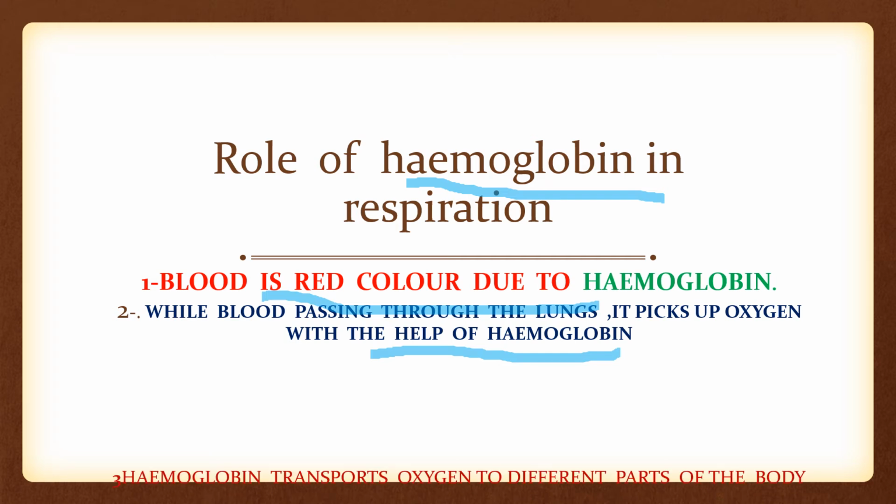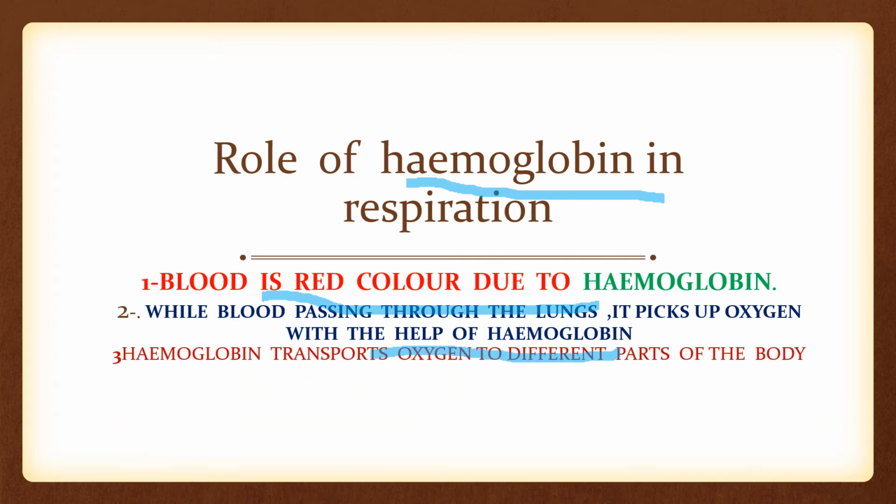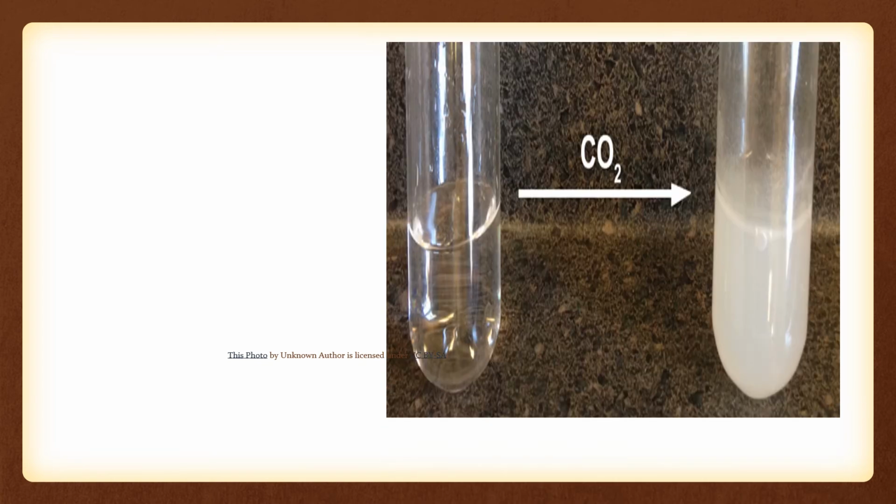Then next, hemoglobin transports oxygen to different parts of the body, and thus it is called a respiratory carrier. Hemoglobin also picks up some carbon dioxide from the blood, and it is transported to the lungs for expiration.